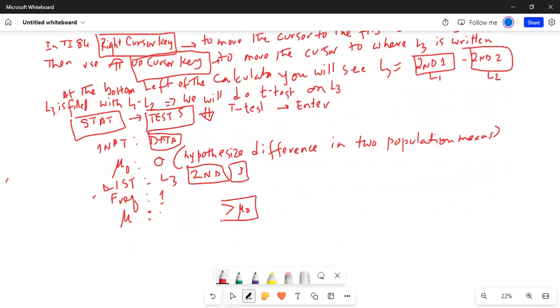So bring the cursor on greater than mu 0 and hit enter. And then go to calculate, and hit enter.